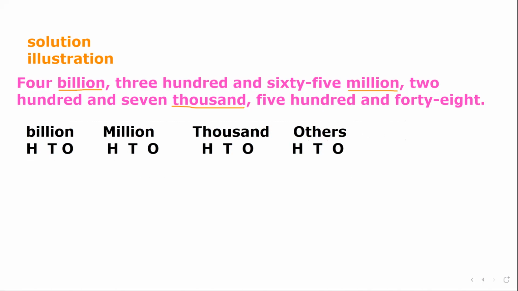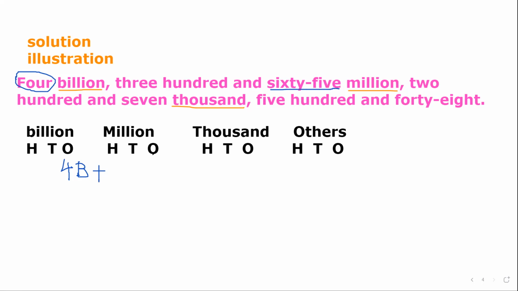So under the billion, we have the 4, which is the 4 billion. 4 means ones of billion, so the 4 will be here. Billion possesses 9 zeros. Now the million, starting from the back of the million here, we have the 65, which is the 5 and 60.